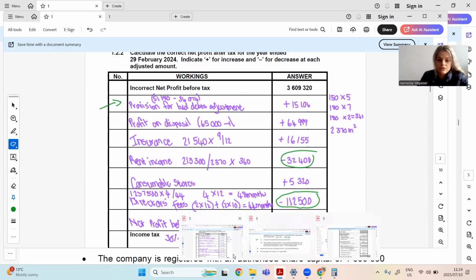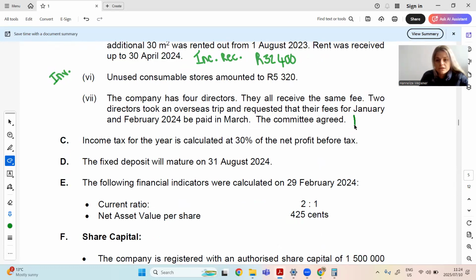So 112,500. And this is an accrued expense to be included in my trade and other payables.